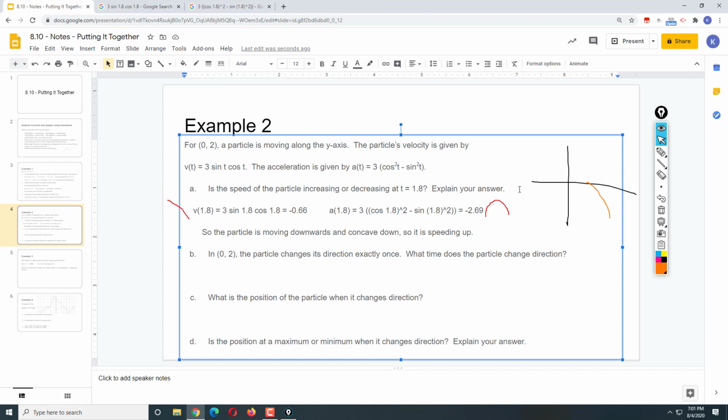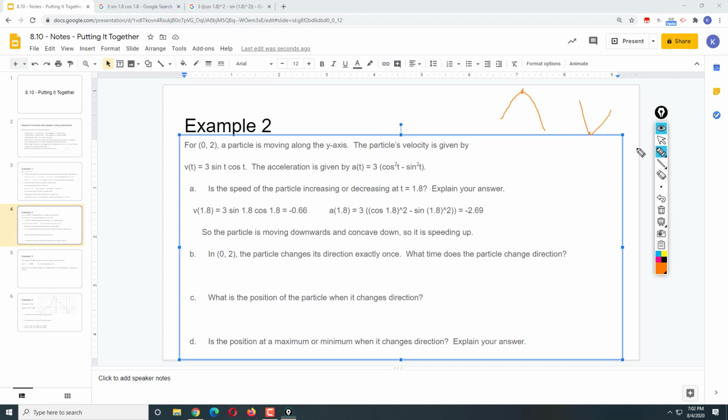B. In the interval 0, 2, the particle changes its direction exactly once. At what time does the particle change direction? So when it changes direction, we know that the graph must be going up and then down, or down and then up.